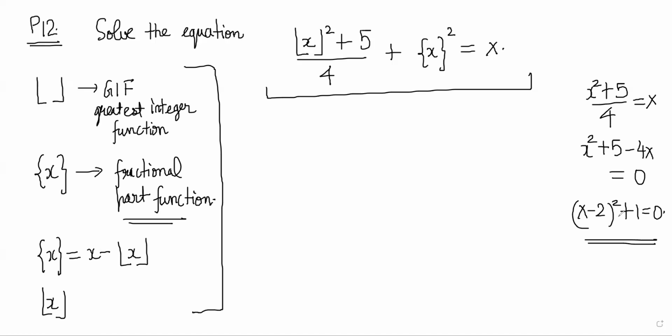Yes sir. This is not possible, because this is greater than 1. Actually, there is no root here. Do you understand? Yes sir. So x cannot be an integer either. Okay.